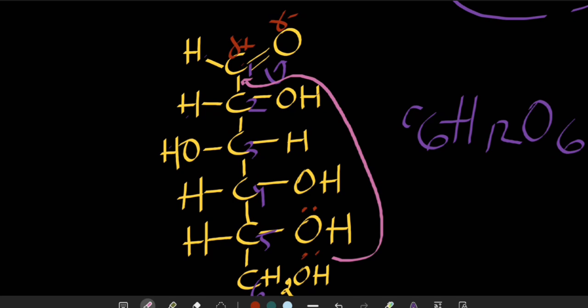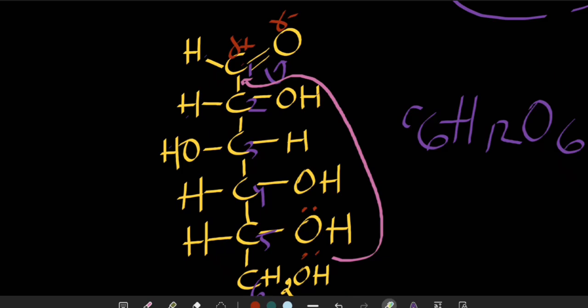It's not going to attack any other carbon because no other carbon has a double bond. Only this carbon 1 has a double bond, due to which it has developed a positive charge, and the oxygen has developed a negative charge.